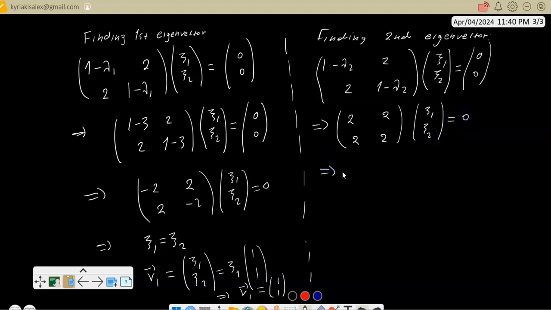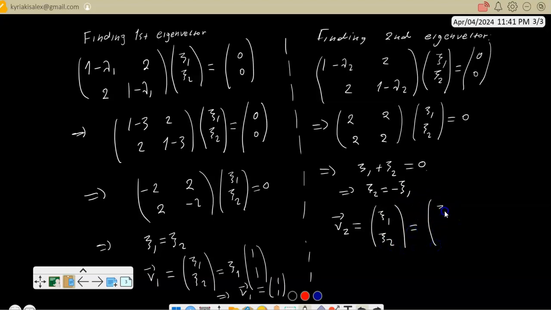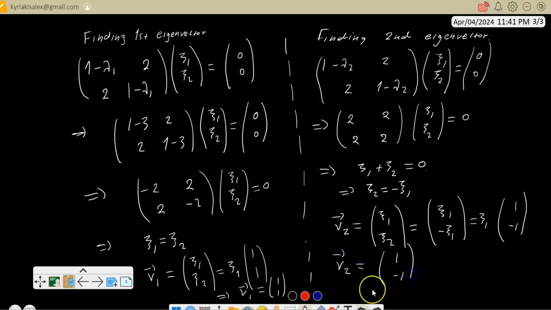And from here I just obtain an equation involving xi1 and xi2. So the sum of xi1 plus xi2 is equal to 0. And here I solve for xi2 equals minus xi1. The second eigenvector will take the following form. Plugging in xi1 to be 1, v2 is 1, minus 1.